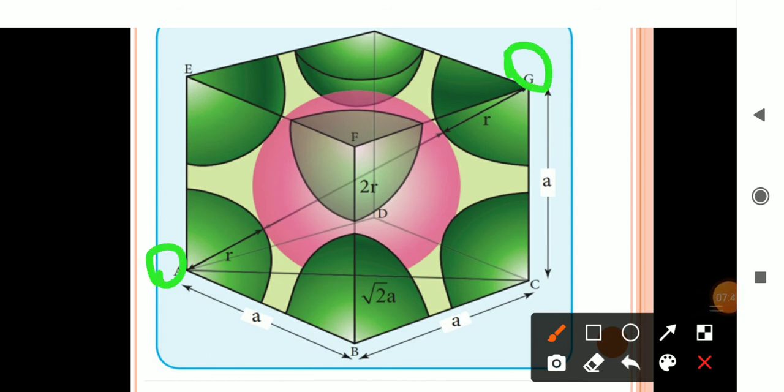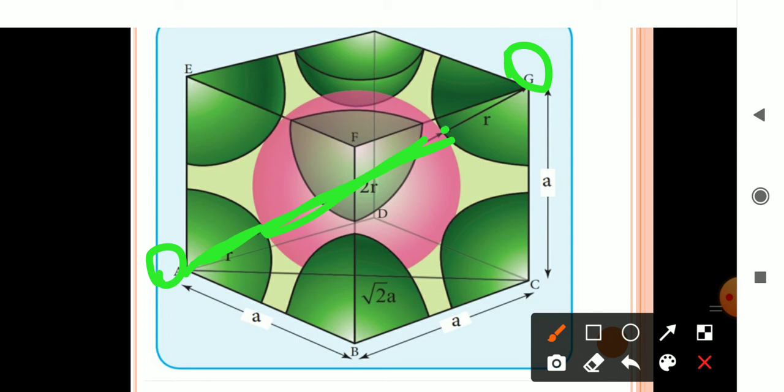It is a diagonal line. Now look here. This point is R. We are starting from A and moving towards G. This measurement is R. It is the radius of one sphere, so it is R. Now, this measurement is 2R. It is the diameter of this body-centered sphere, so it is taken as 2R.